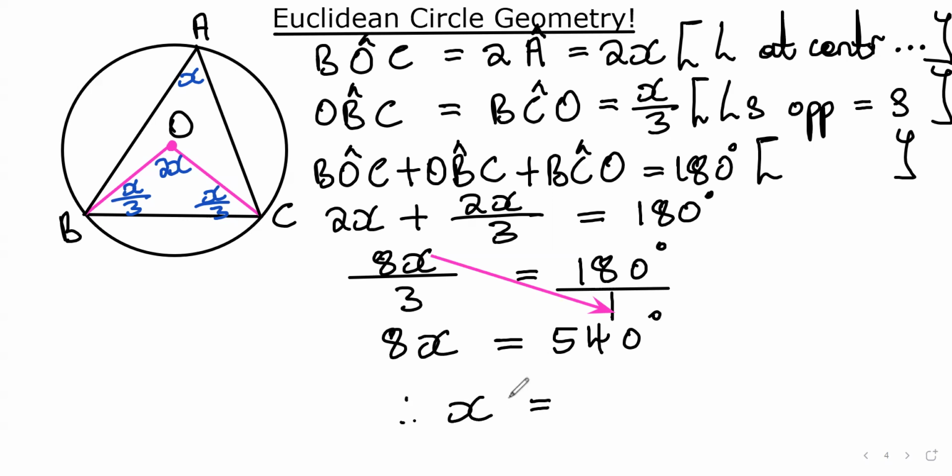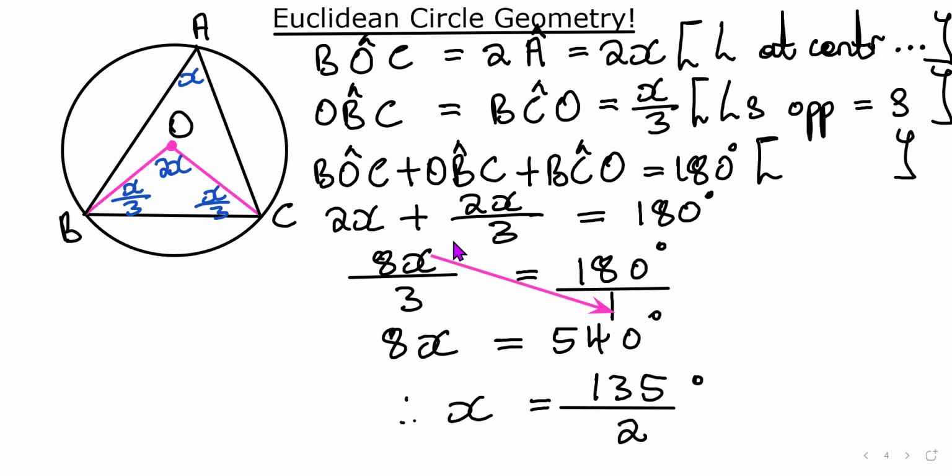And of course, we can now divide both sides by 8. So when you say 540 degrees divided by 8, you can't leave your answer as 135 over 2 degrees. Do you have 135 over 2 on your protractor?